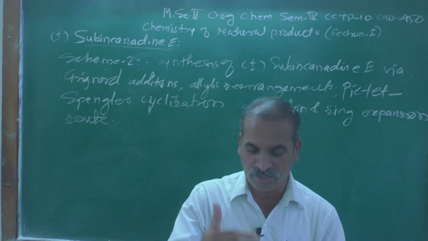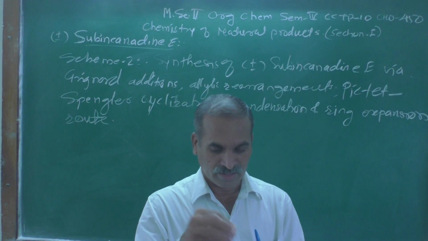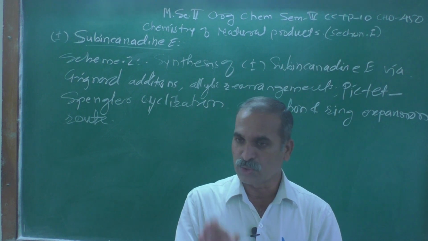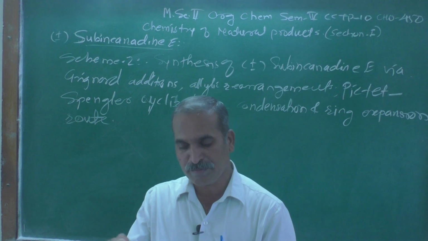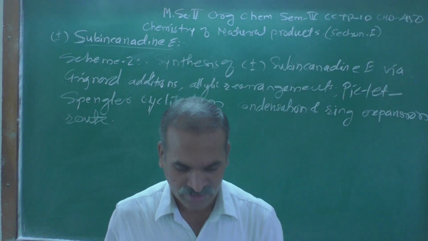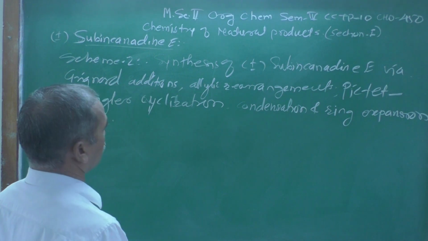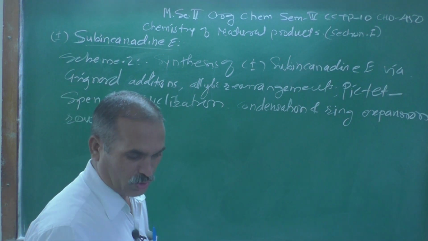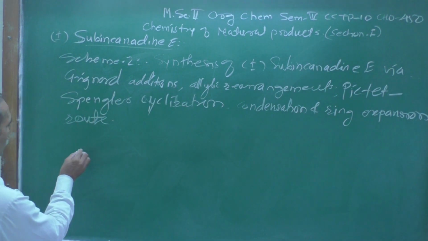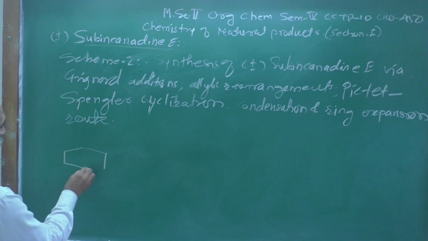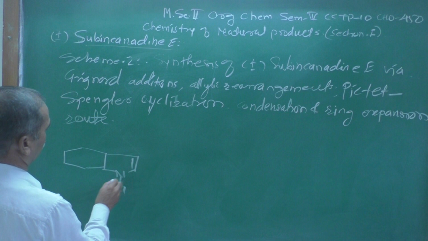These are the different routes we will discuss here, step by step. Let us begin with the first compound. The first compound, as we know here, is this one. Let me draw the starting material.